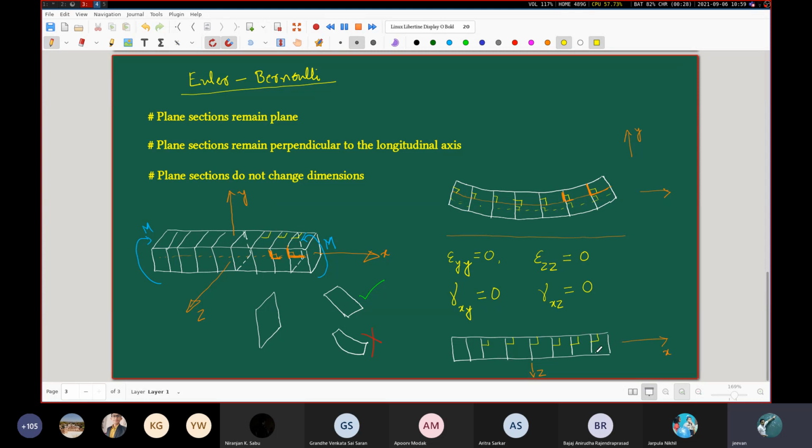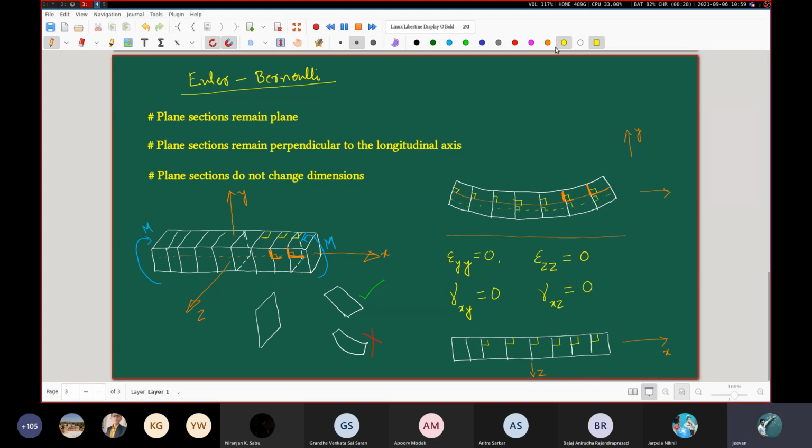There is no change in the angle between these two line segments, which are initially parallel respectively to the x-axis and the z-axis in the undeformed configuration. In the initial, before-bending configuration, they were at right angles to each other, and even after deformation they remain so. When I'm drawing like this, I'm just taking the top view of this picture.